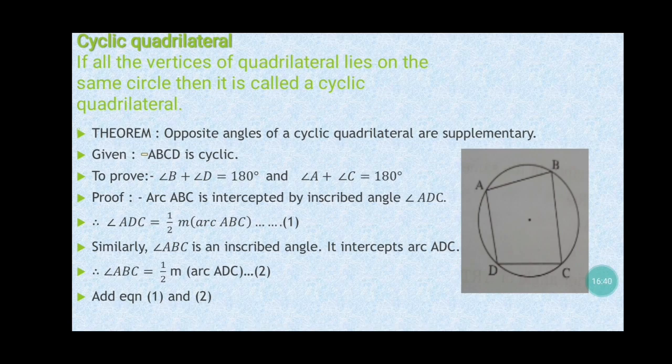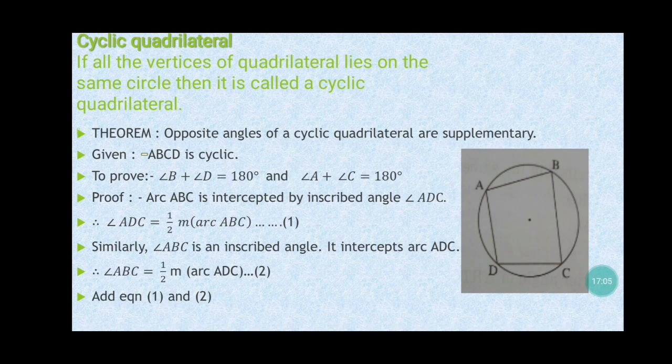Now, the very first thing we should know is what is given to us. Opposite angles, cyclic quadrilateral. So ABCD is a cyclic quadrilateral. Now opposite angles: angles are always in pairs. So angle A and angle C are opposite angles.